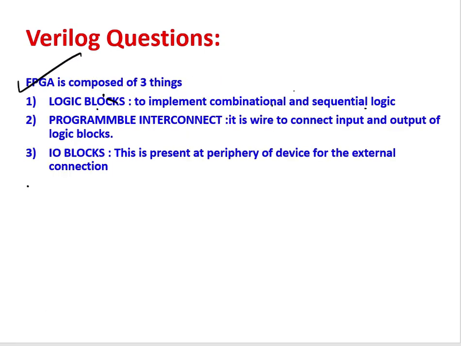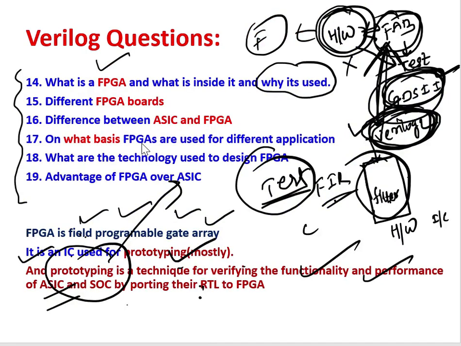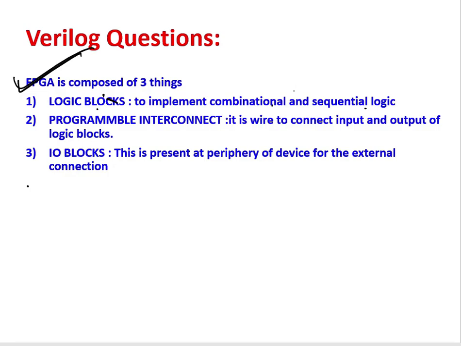Then the next question is, what is inside an FPGA board? Inside an FPGA board, you will find three things. The first one is logic blocks, the second one is programmable interconnect, and the third one is IO blocks.